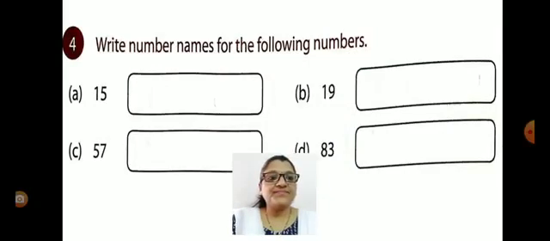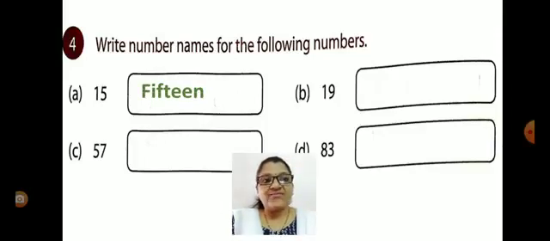Next, write number names for the following numbers. We have learned to write number names. First number is 15. So write number name F-I-F-T-E-E-N 15. B 19. N-I-N-E-T-E-E-N 19.